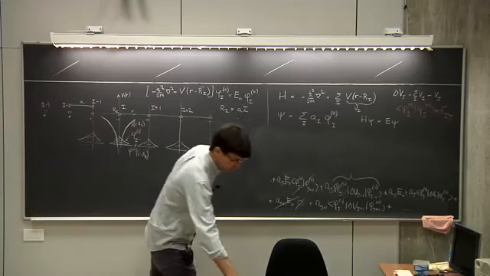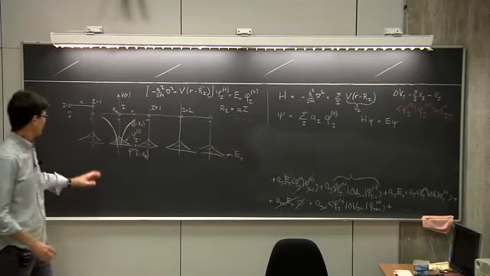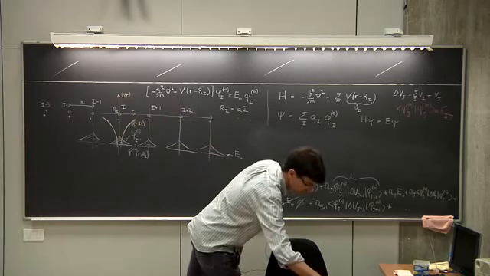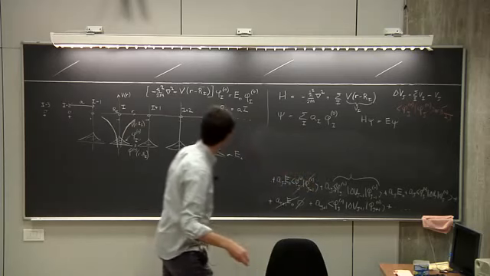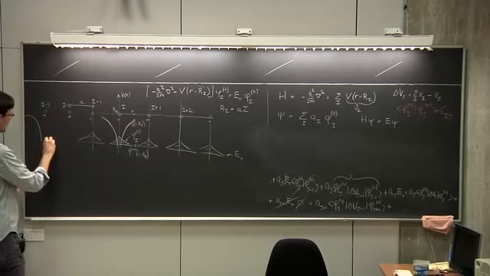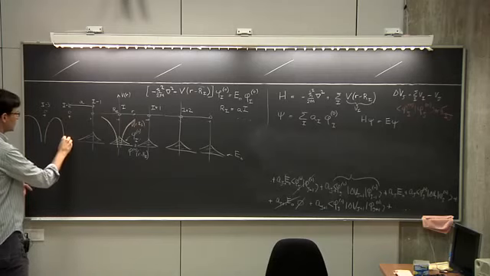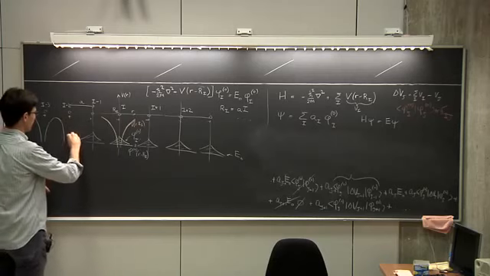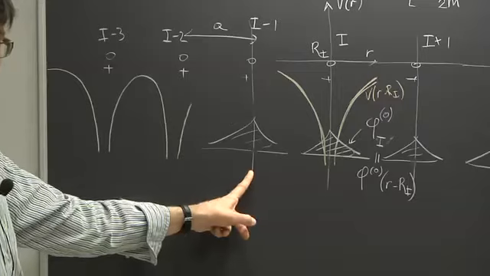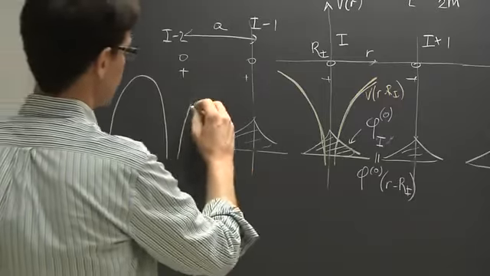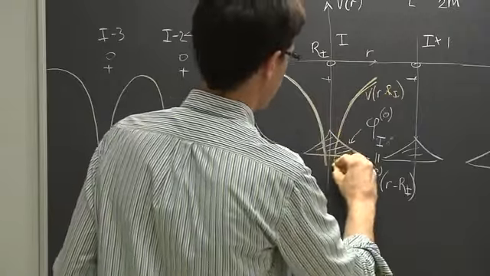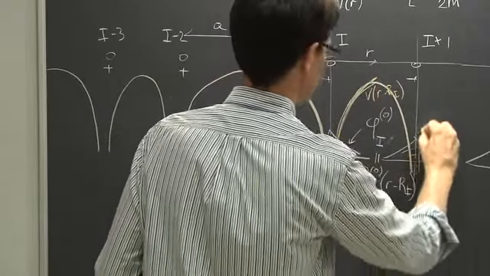Let me draw it, because what I mean by that, green color. I have to sum all the potentials, this one, plus this one. And then when I get to this point, I have to remove the j minus 1 potential. Okay, so this will become a long thing here. And then it just continues like this.